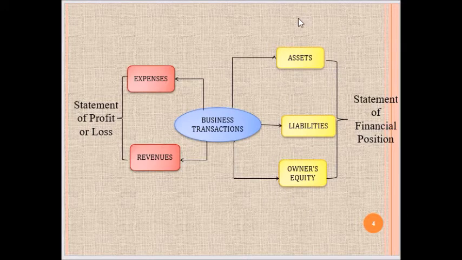These three types of account will be put in one statement, which is the statement of financial position. There are two more classifications of account, which are the expense and revenue. So these two accounts will be put under the statement of profit or loss.